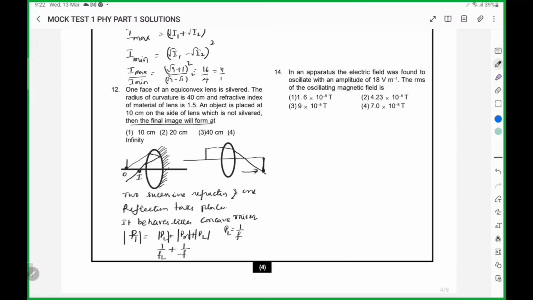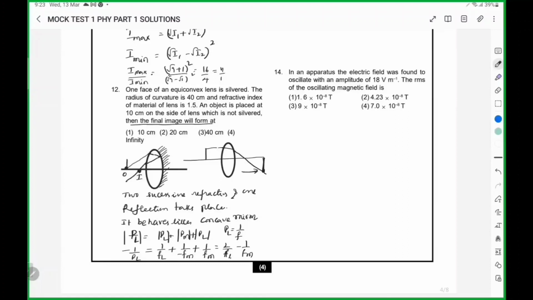So we write the power of the lens as positive: 2 by Fl minus 1 by Fm. And finally, the effective combination behaves like a concave mirror.